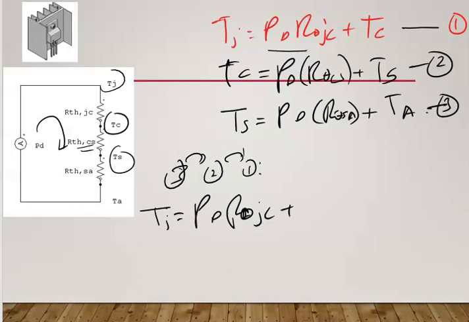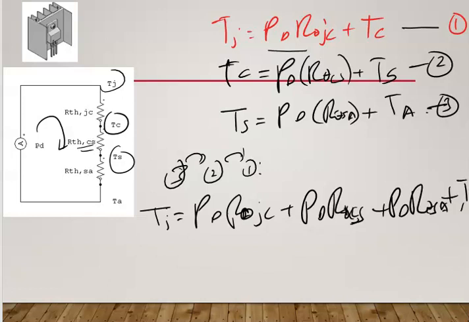Jc plus Tc, but now Tc is PD R thermal Cs plus our Ts, which now becomes PD R thermal Sa plus T ambient.